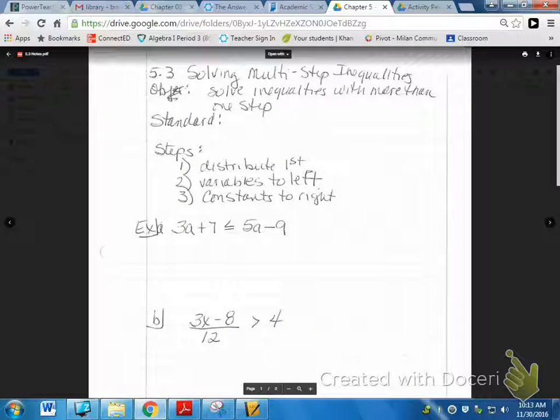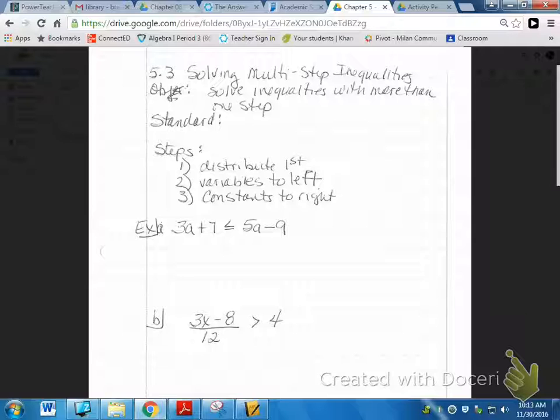All right, so the first example, 3a plus 7 less than or equal to 5a minus 9. Somebody want to volunteer to do this for a ticket? Jared, what would I do first? First you would take negative 5a to the other side. How would I do that?